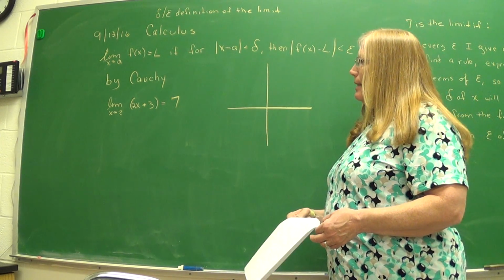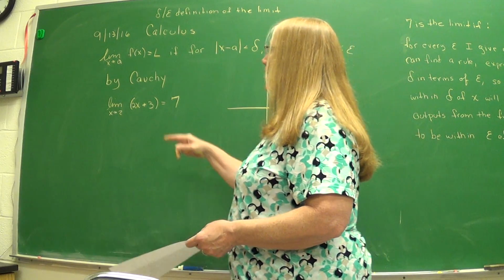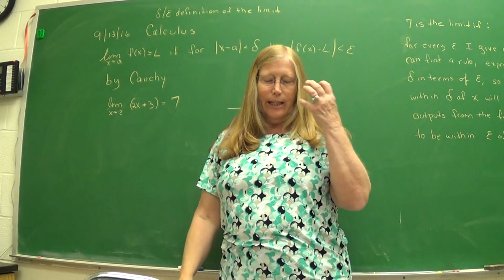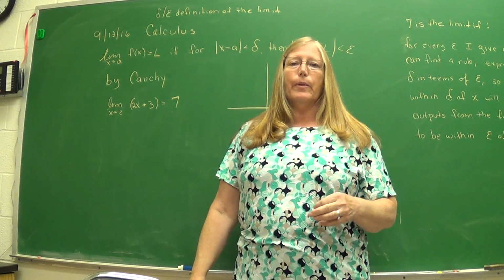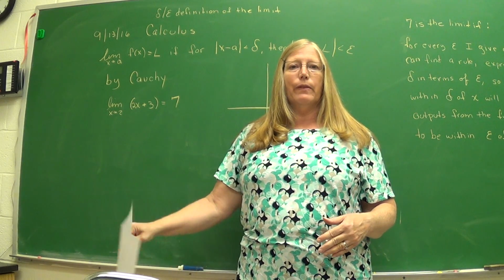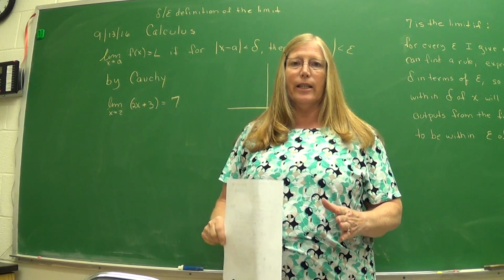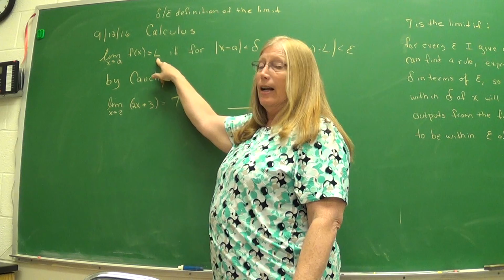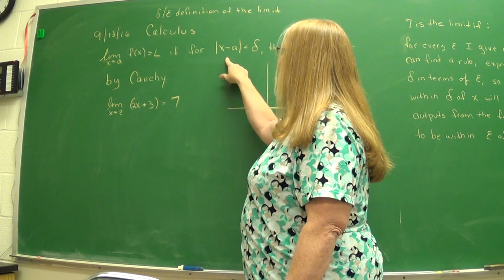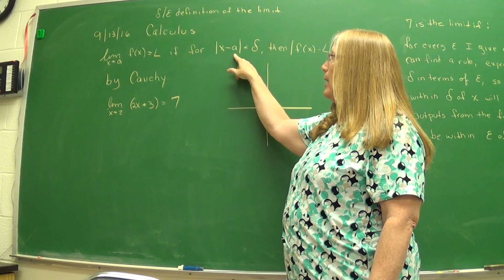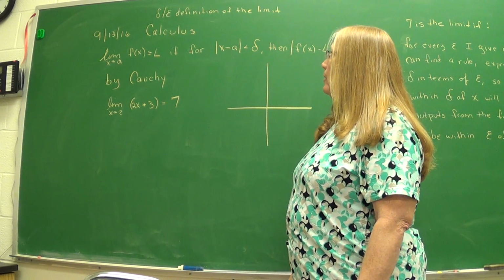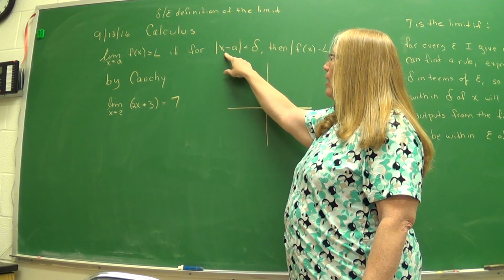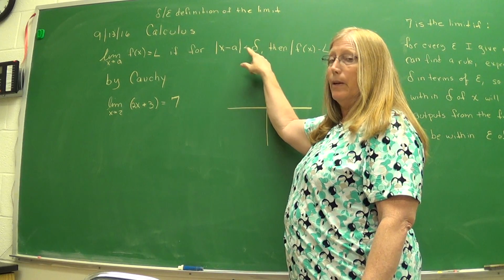So let's say that we are looking at a function, and that function as x approaches a, so visualize a function, and as x approaches a, as we come in from the left and from the right at a, and we're picking various values of x, then that limit is L if for every absolute value of x minus a less than delta, so that is saying that our values for x are within delta away from a.